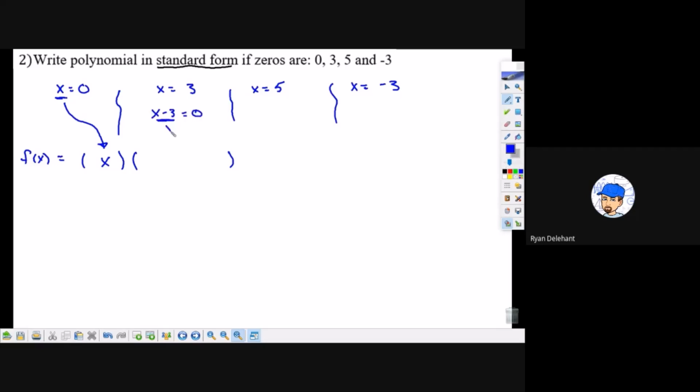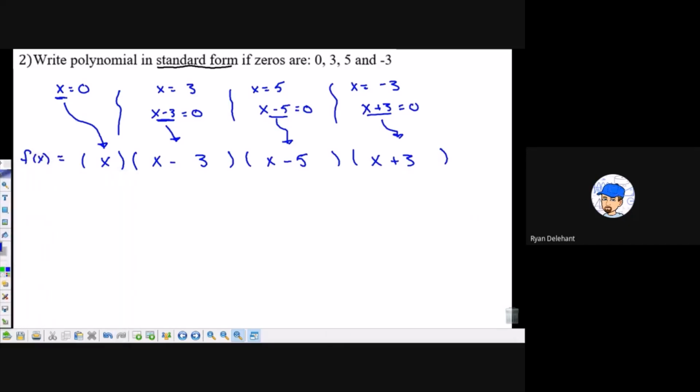That means x minus 3 is what we saw inside the parentheses. We'll repeat that for the last 2. We'll subtract the 5, and this goes in here. And then we'll add that 3, and that gives us x plus 3. So this isn't standard form. This is factored form.